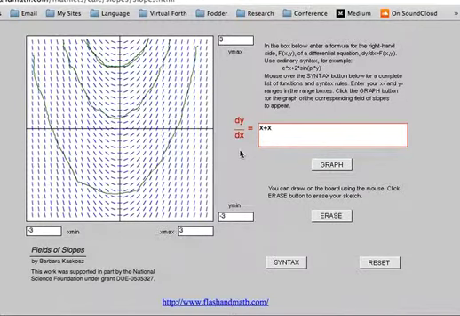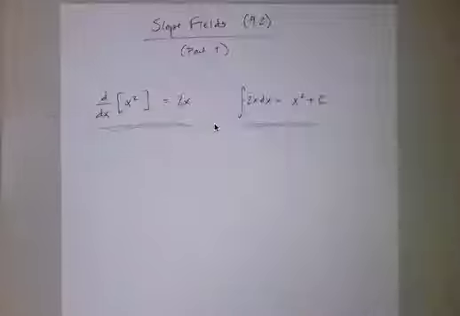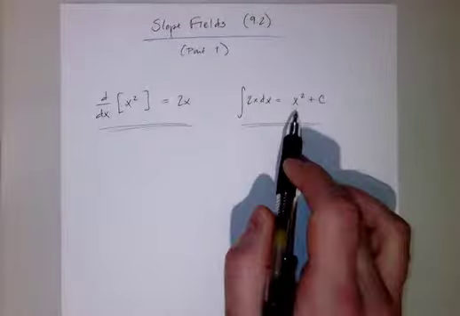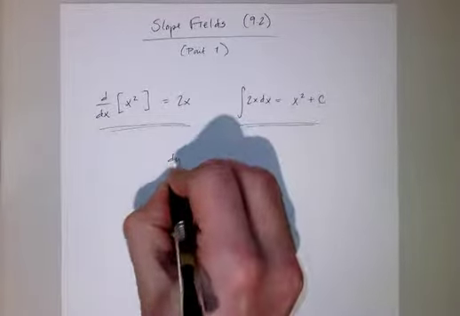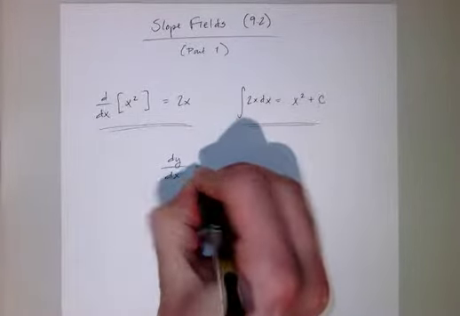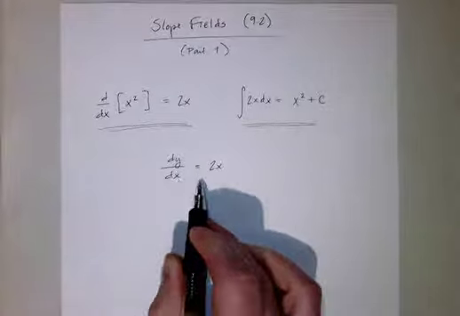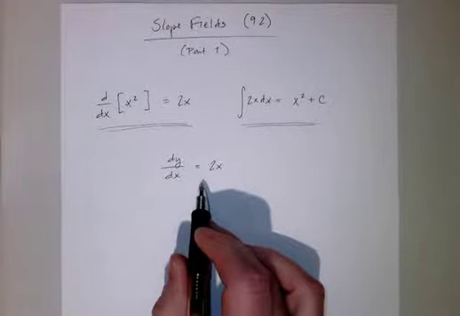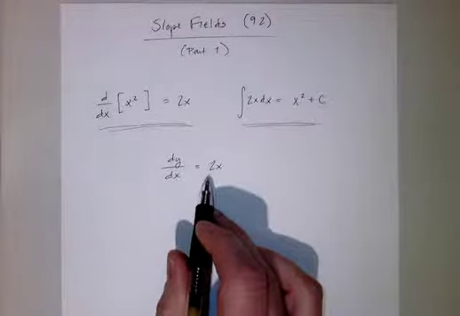But what the slope field does is instead of just giving us something plain like this, it gives us a representation. dy/dx is equal to 2x. It gives us a representation of any and all functions that could have this as a derivative.